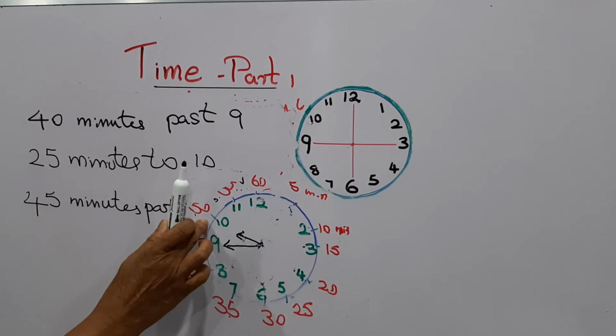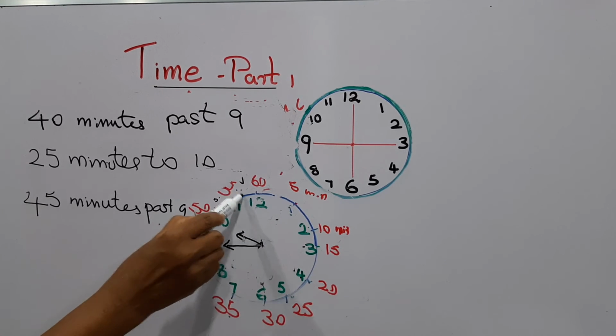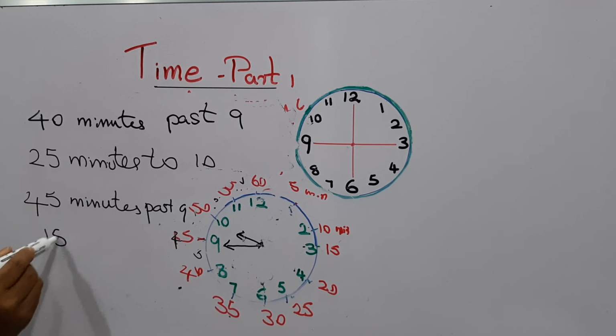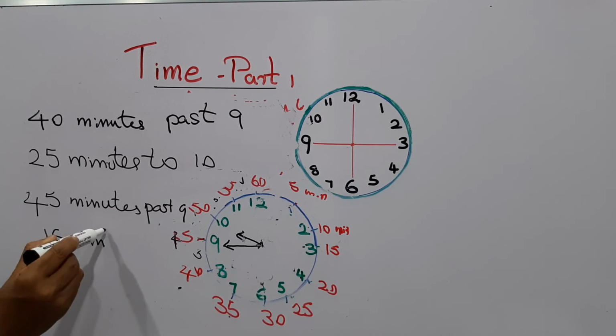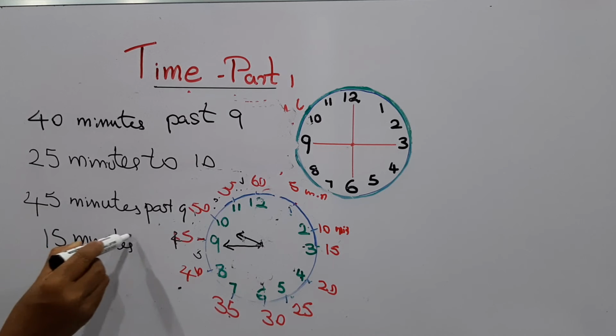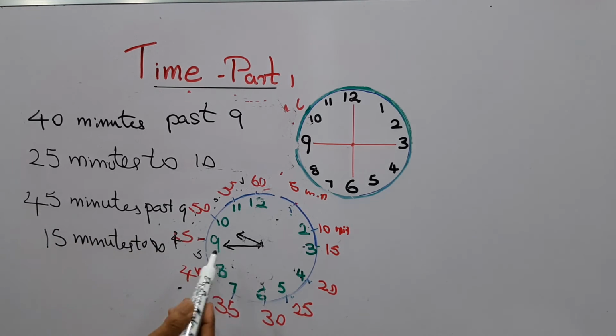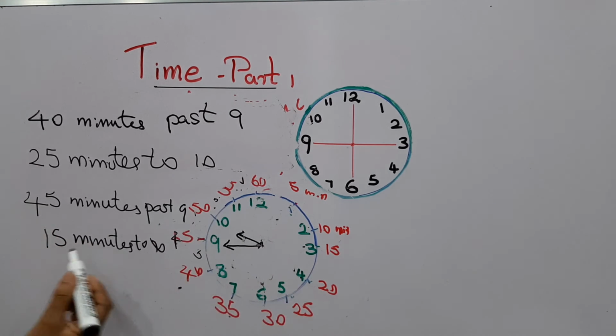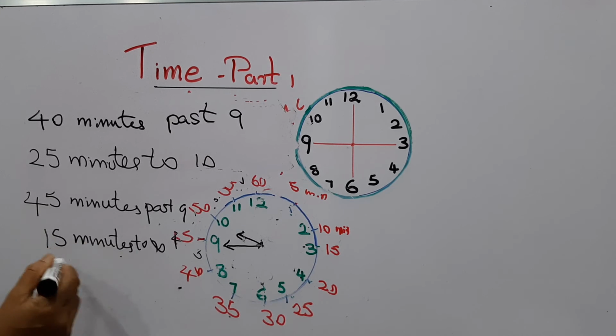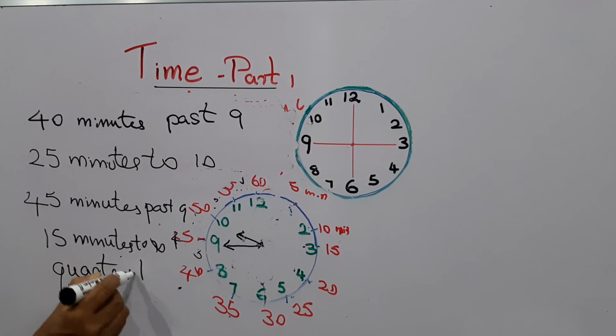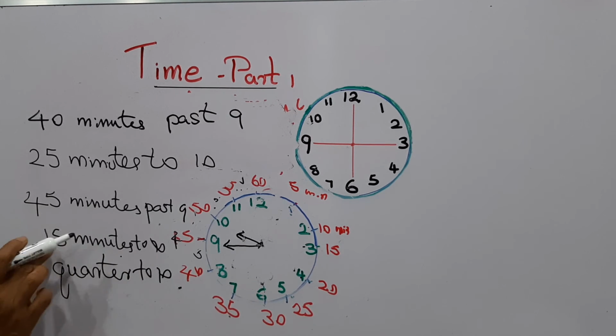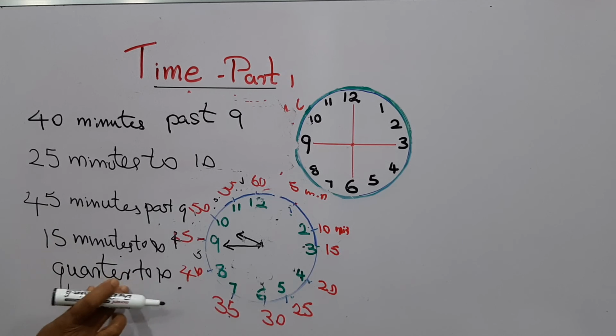Yes, here 5, 10, 15. 15 minutes to 10. Now we already know 15 minutes means, in another word, a quarter. Quarter to 10. A quarter equals 15 minutes.